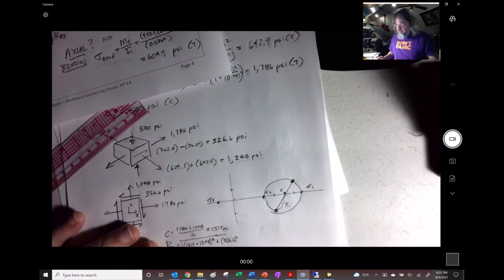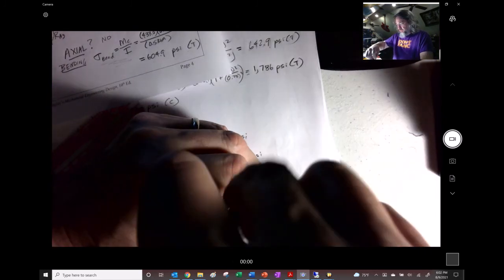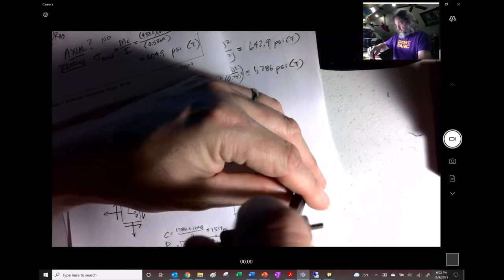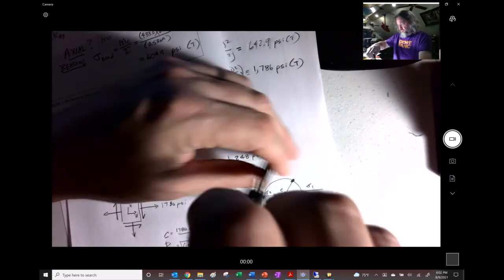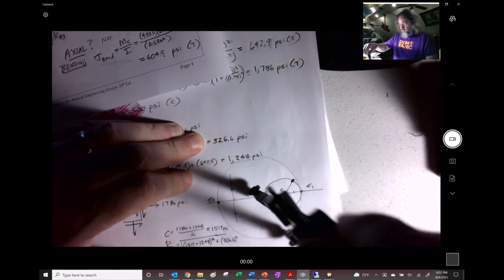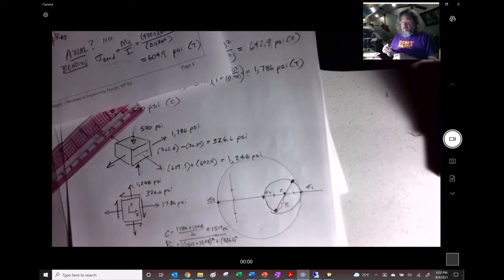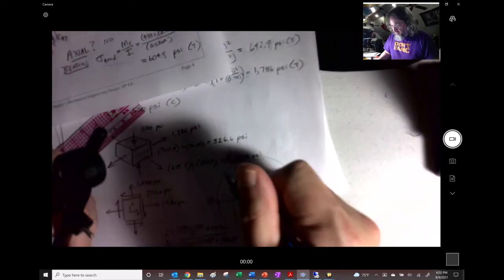I should label it that way right there. Let me mess around with this until I get the right thing. Oh, that almost came out right. Look at that. There you go.